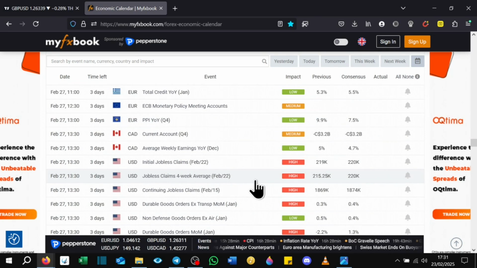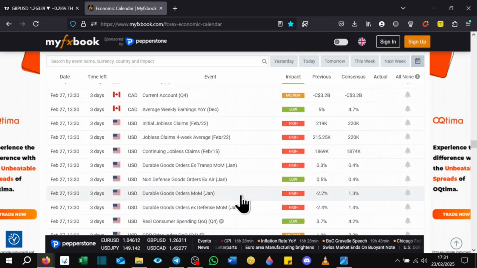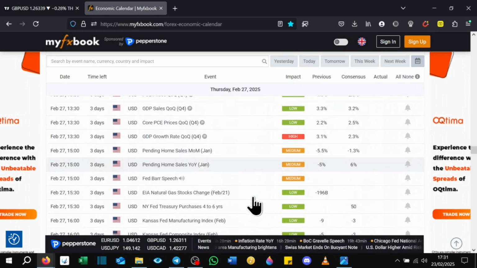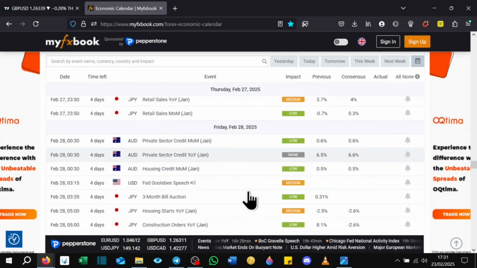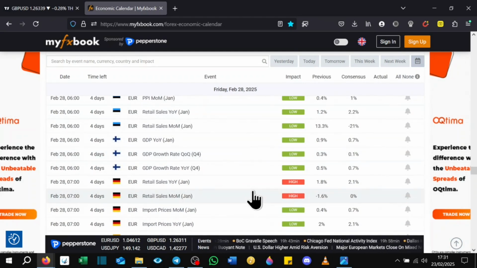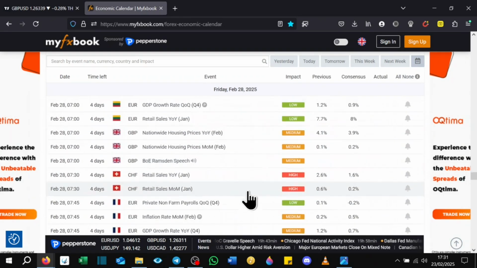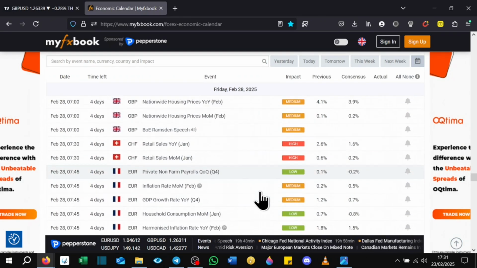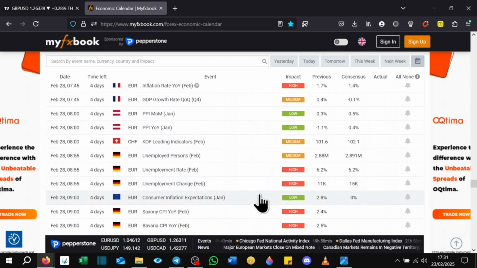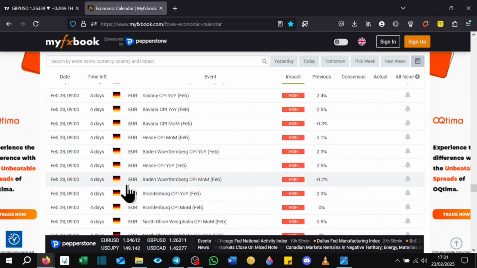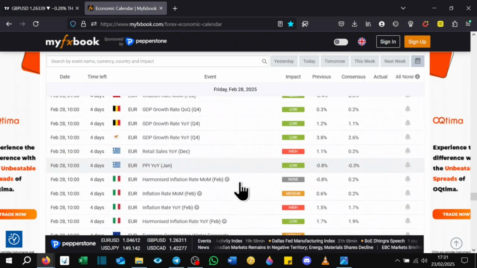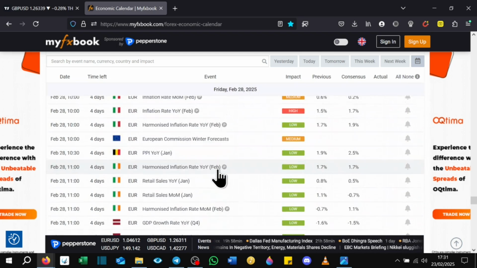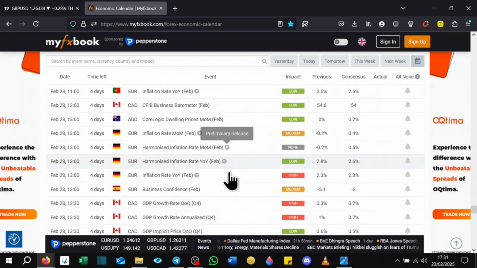So USD red folder news, quite a lot actually, on the Thursday. And then finishing up on the Friday, there's Euro news and a lot of Euro red folder news over in Germany. So something to be mindful of on the Friday.